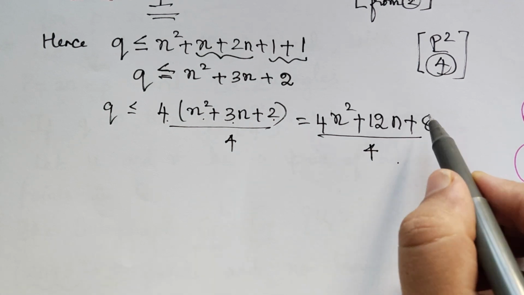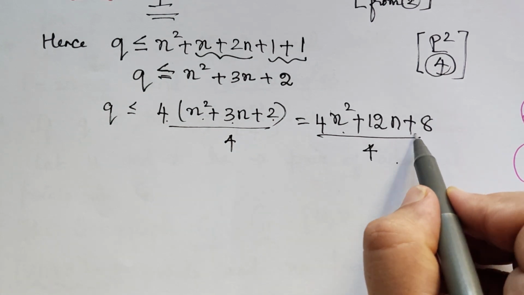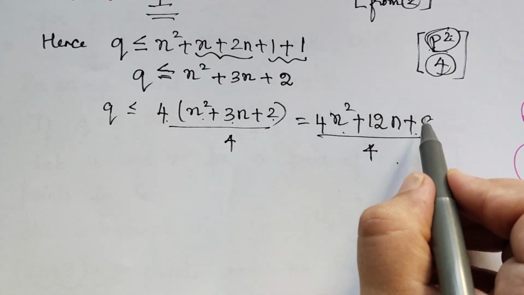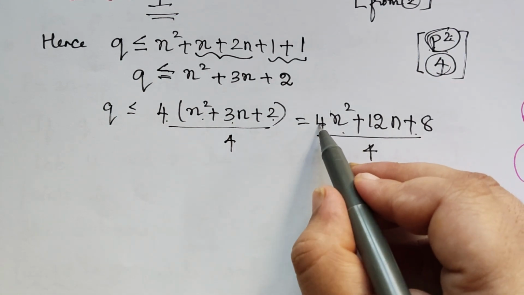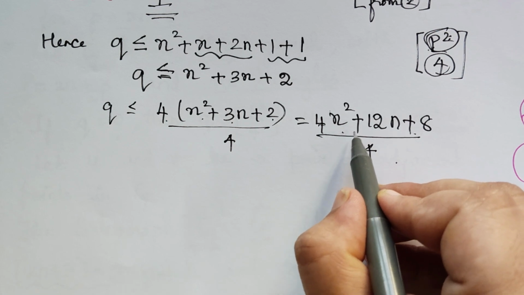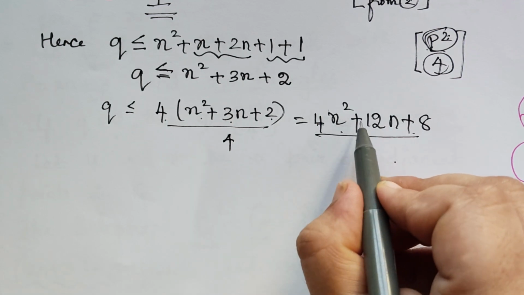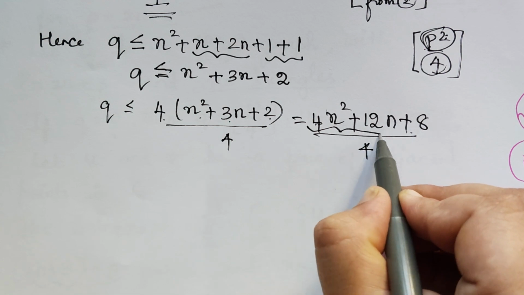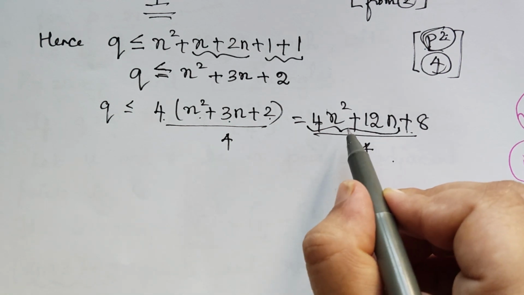Now we want this in the form p square. We want to write it in this form. So in order to bring it in that form, we can try to bring it into a perfect square by adding and subtracting the square term. We know how to make it a perfect square.